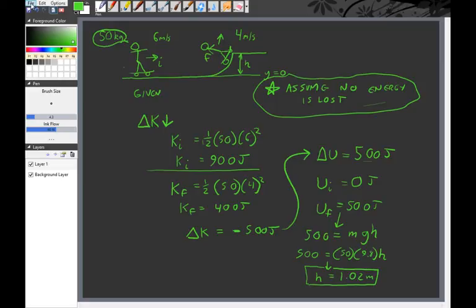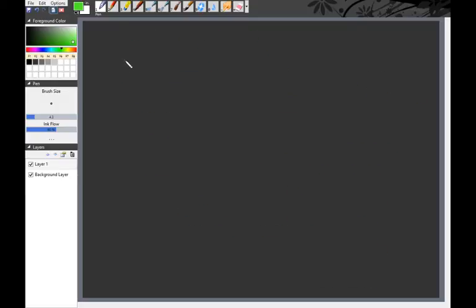All right, now we're going to try a spring type problem. I don't know why, but people who write physics problems really love this one.